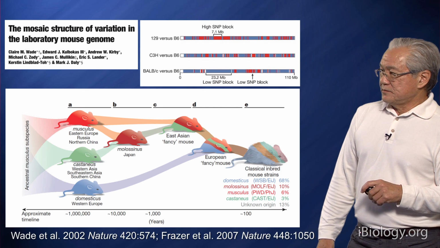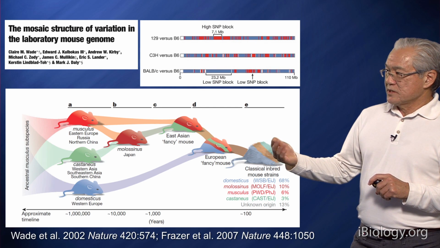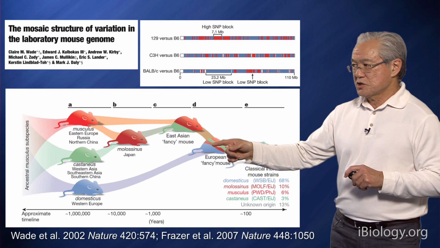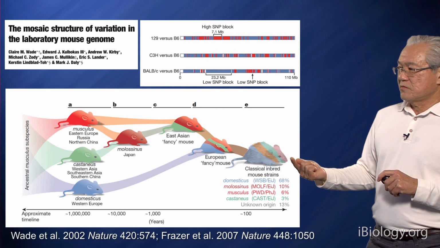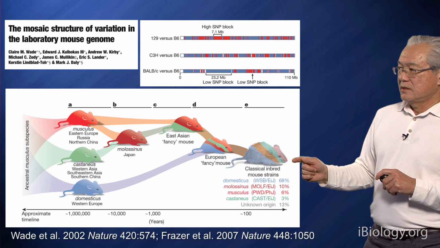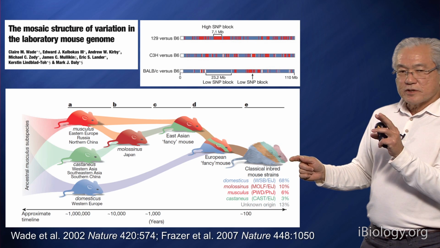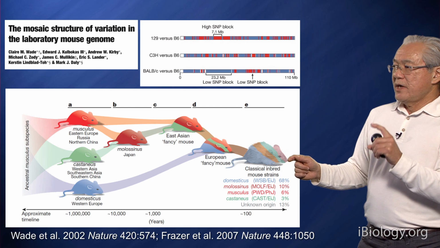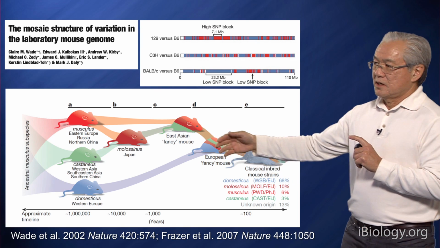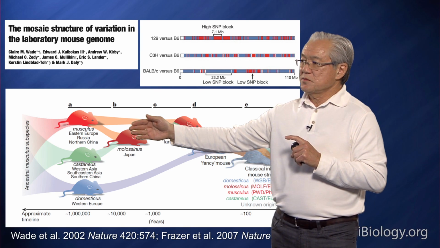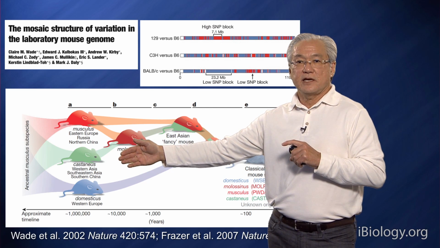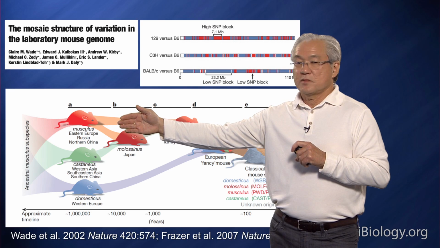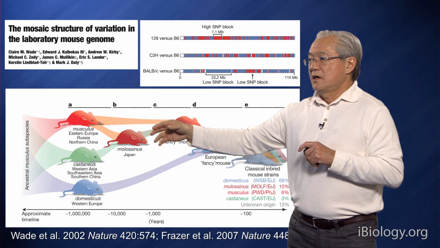And so we now know from more recent complete sequencing information that classic laboratory inbred strains of mouse are really hybrids of many different kinds of mice, primarily 3 wild species of mice: Mus domesticus, shown in blue, Mus castaneus, shown in green, and Mus musculus, shown in red.